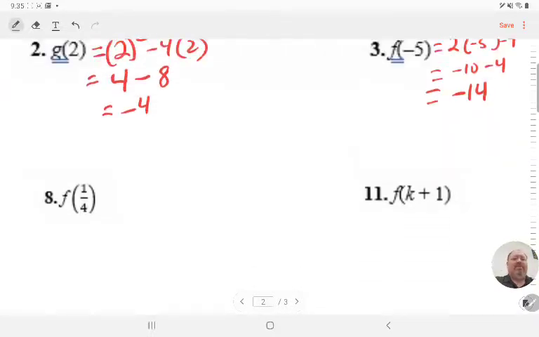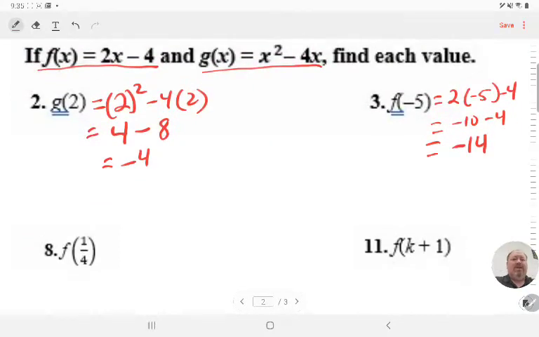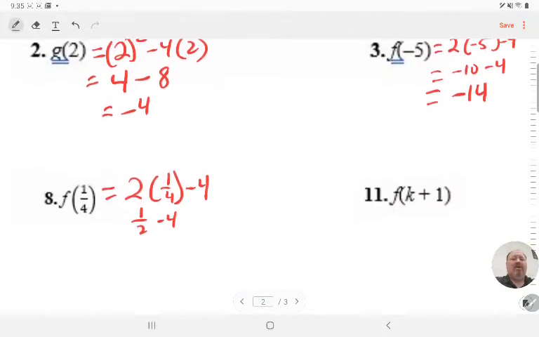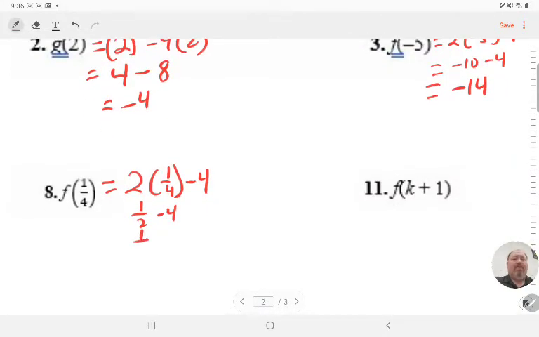All right. On the next one, it would be 2 times 1/4 minus 4, or 1/2 minus 4, or you could do minus 8/2, which would be negative 7/2, or negative 3 1/2. Okay?